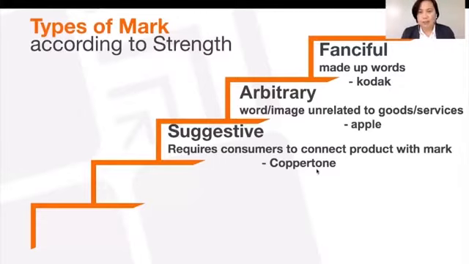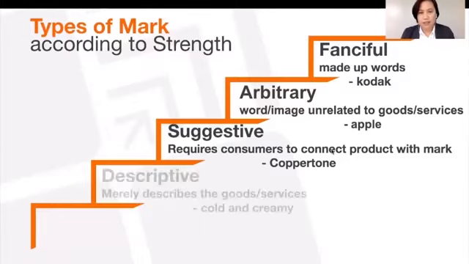Do you know that copper tone is a nickname used for a person who does not easily get dark? It would take him enough hours under the sun and still he doesn't get dark or tan. Okay. So Coppertone is an example of a suggestive mark.